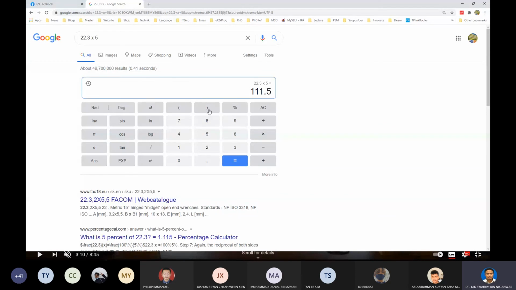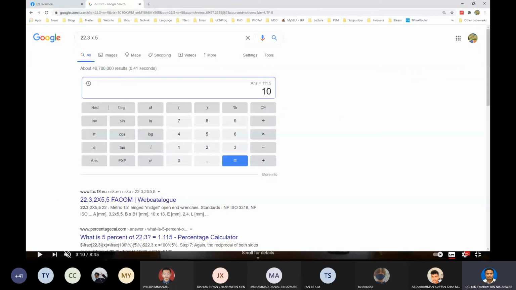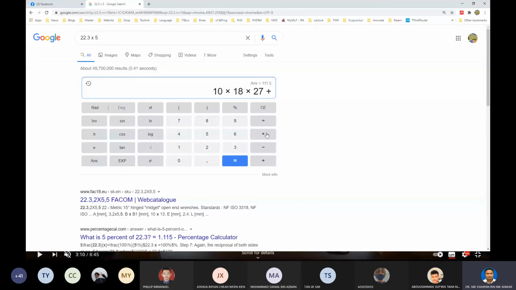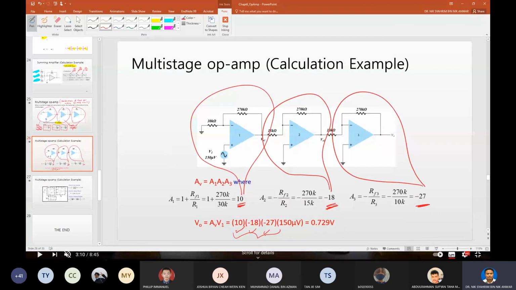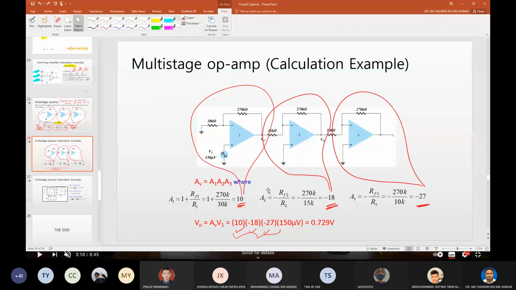So you can say that 10 multiply 18 multiply 27 is equivalent to 4860. So the gain is equivalent to 4860.